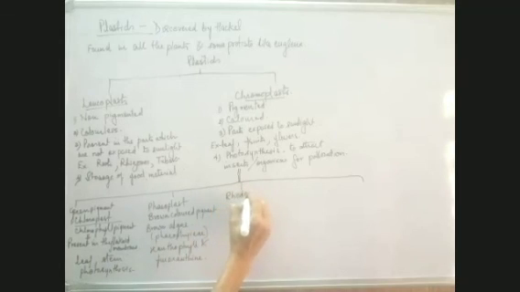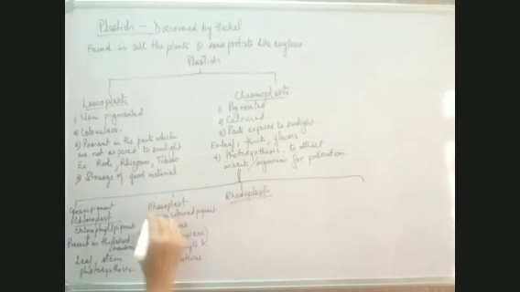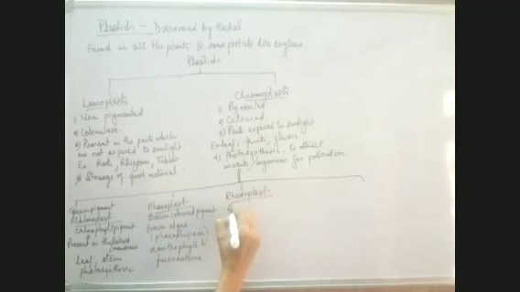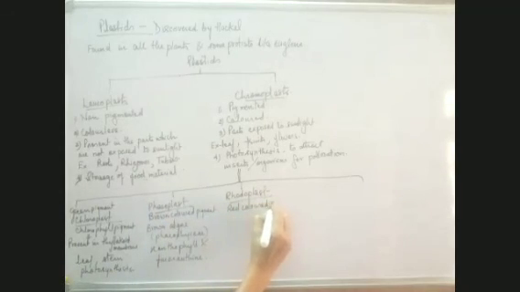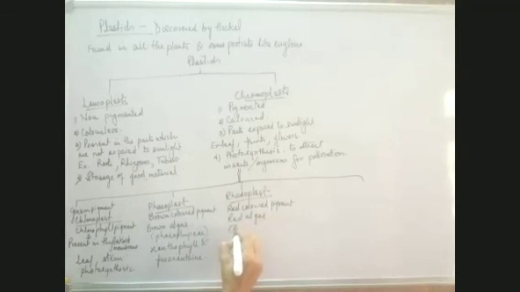Rhodoplast is a red colored pigment. This red colored plastid is present in red algae. And the name of this red algae group is Rhodophyceae. This comes in the group Rhodophyceae.